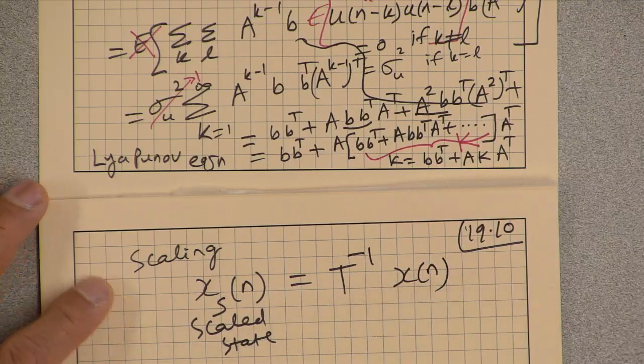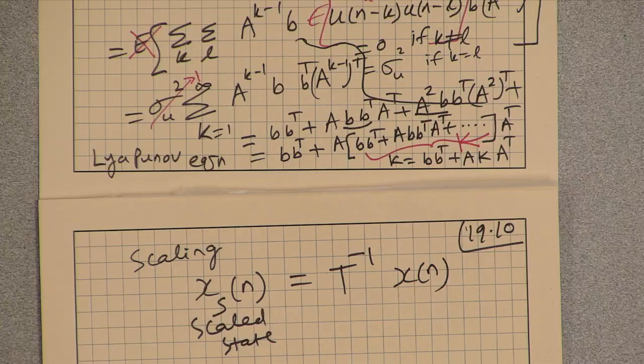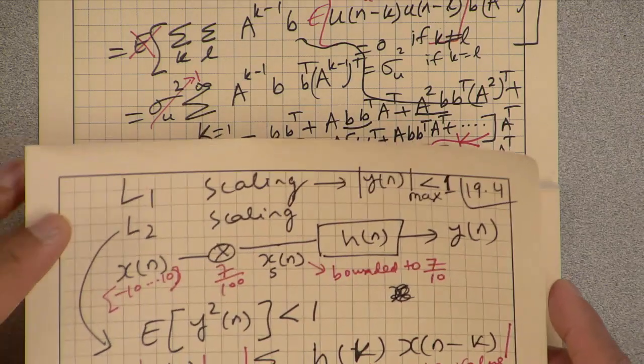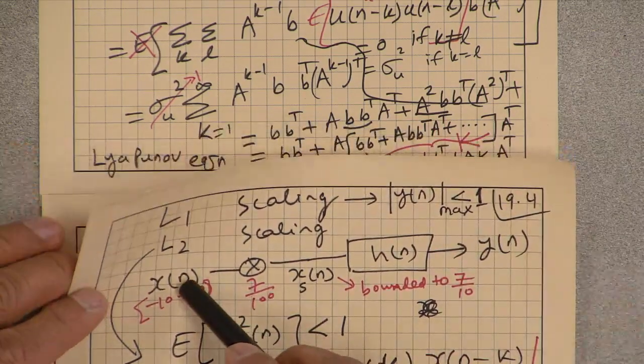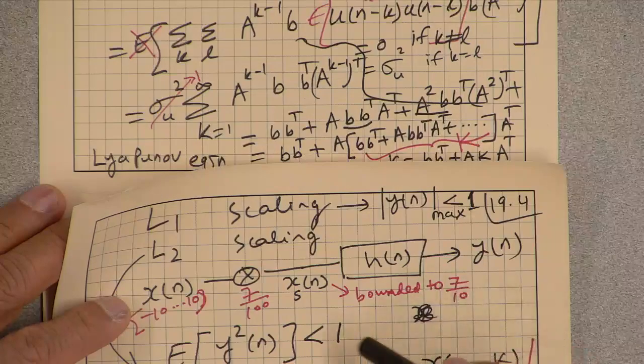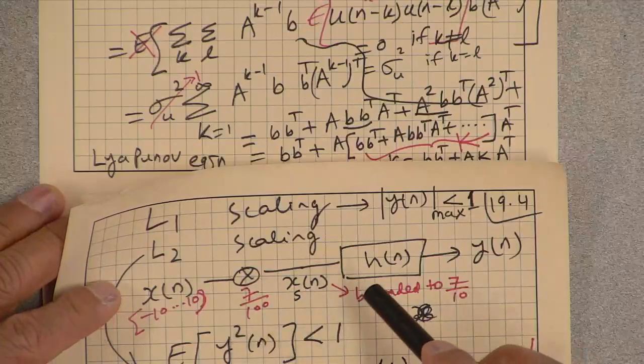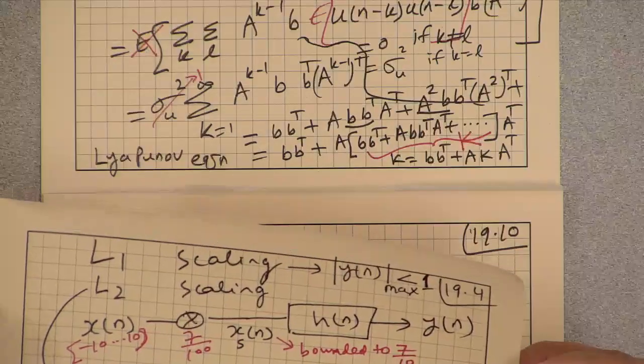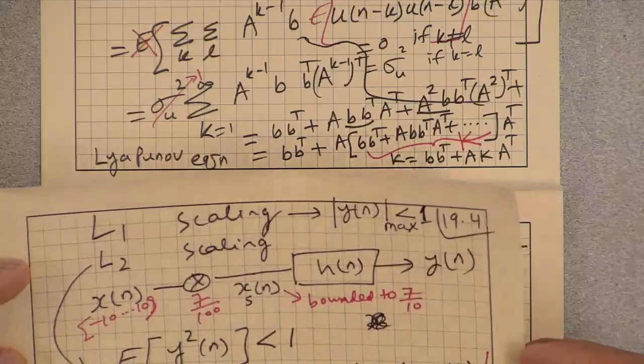We take the original xn and multiply by that scaling constant, which is T inverse, 1 by T. And then we get the scaled value.